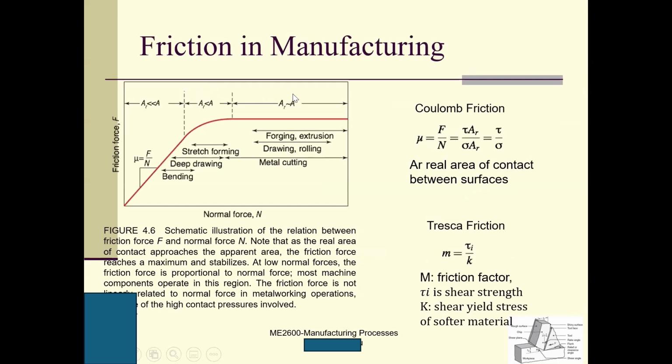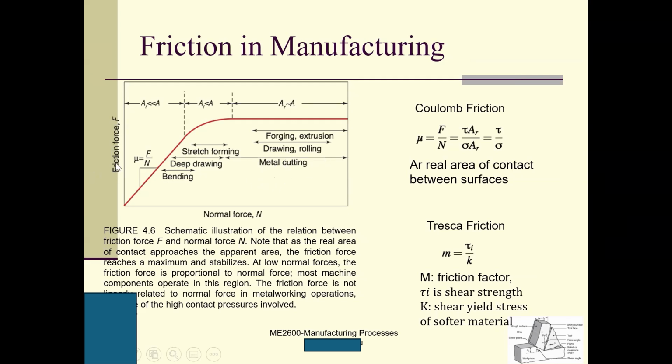So friction in manufacturing. This is a contact process. This one is the laser, laser machining. There is no friction. And then I'm talking about metal forming or metal machining, and definitely we have friction. So we have bending, deep drawing, stretch forming, and also other metal forming. The normal force is very high.